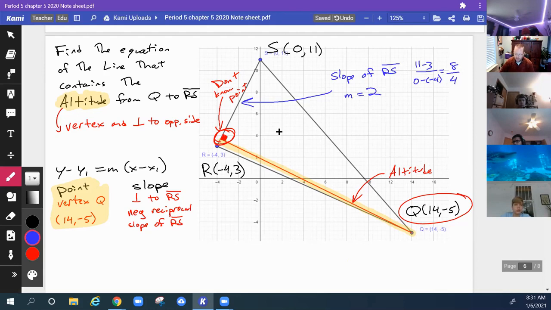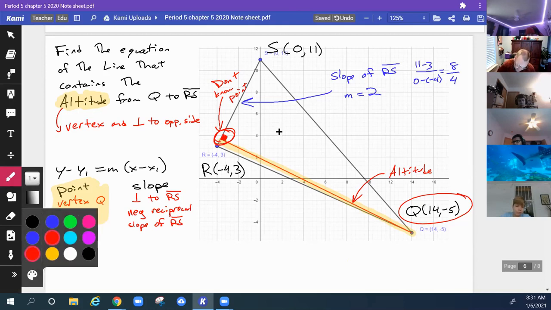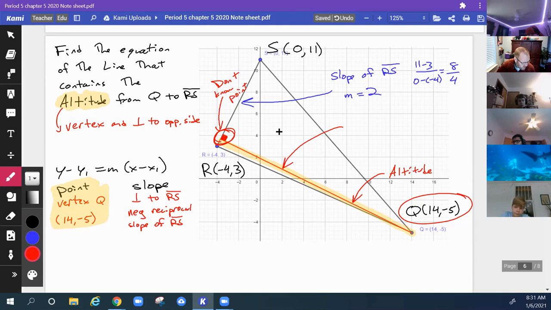And that's going to be the slope of RS. So all I did is I used the slope formula for R and S. Now what I want to do is figure out the slope of the altitude. Remember, it's the negative reciprocal slope of 2, so that is going to be negative 1/2.